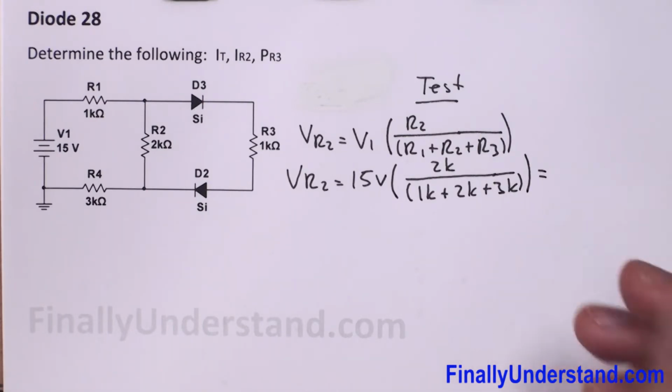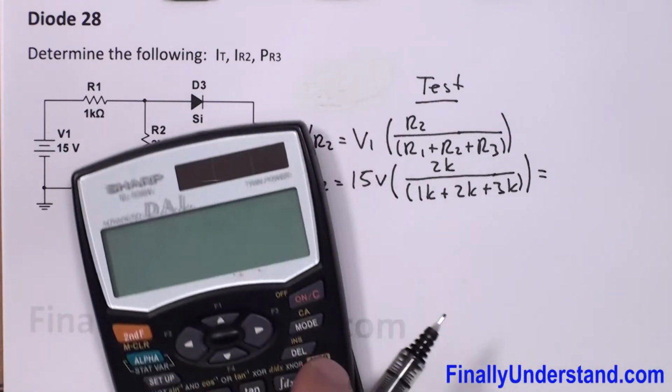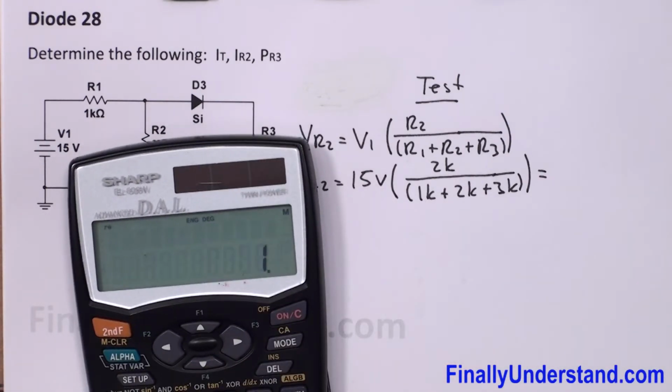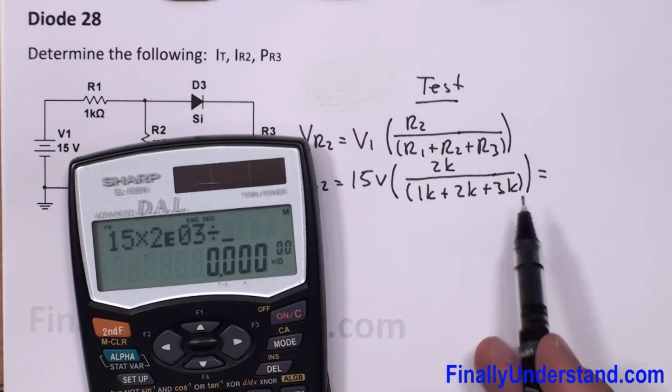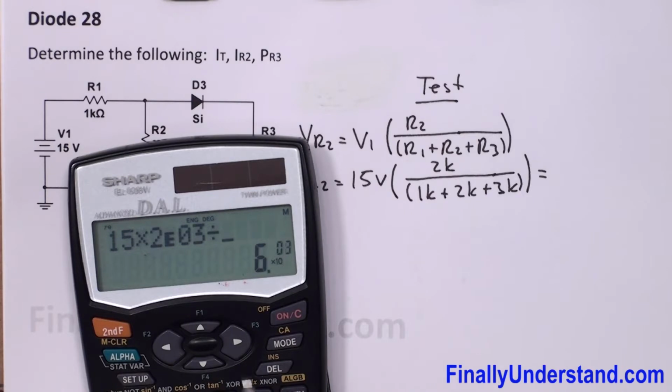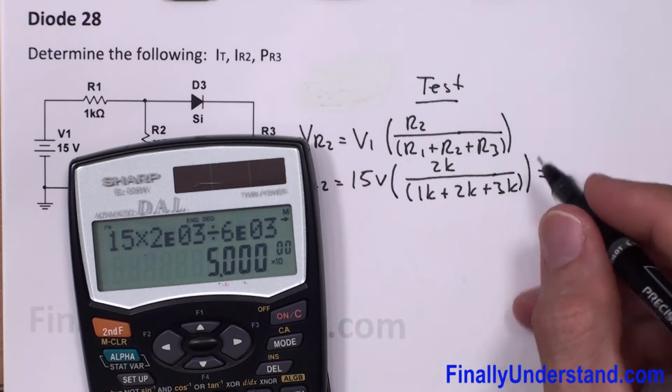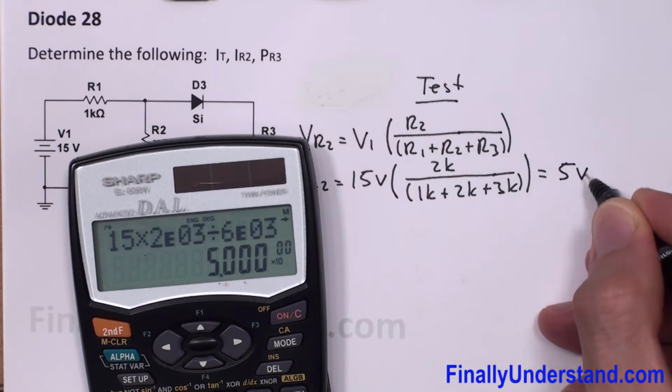Okay, this is equal to 15 times 2 exponent 3 divided by 6 exponent 3. This is equal to 5 volts.